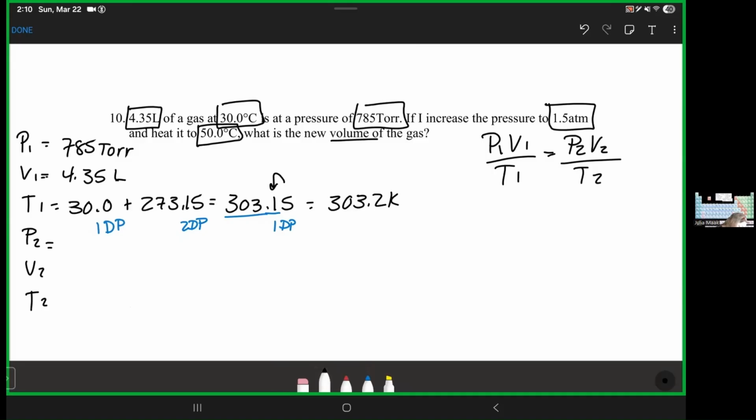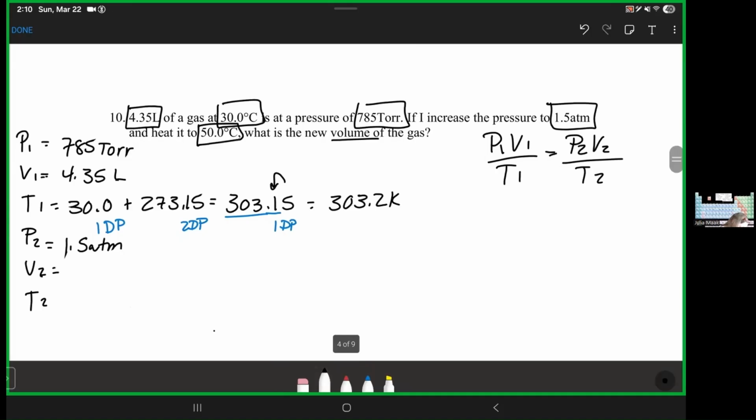My second pressure was the 1.5 atm. My second volume is what we're looking for. My second temperature was the 50. And we're going to use the 0.15 on the Celsius because we have a decimal in our given temperature. And I have a mistake there. So 50. I've got all kinds of mistakes going on that problem.